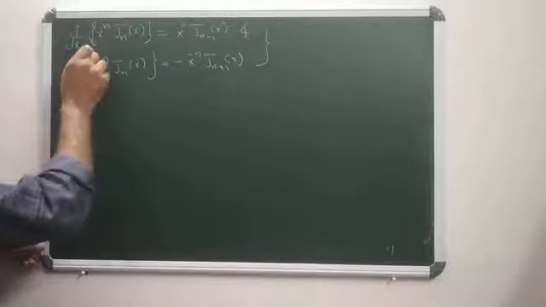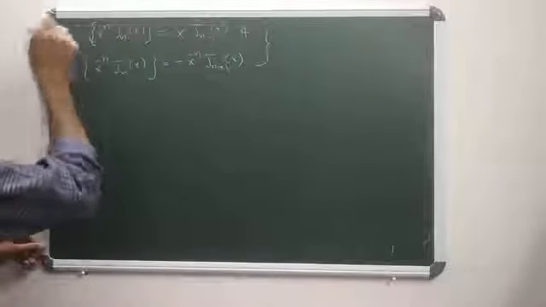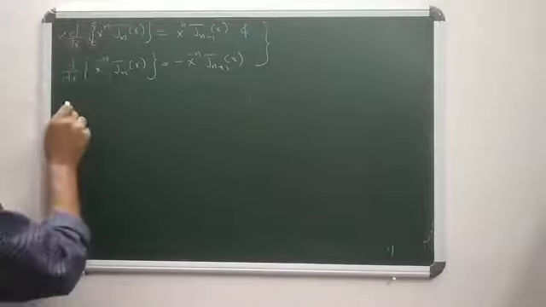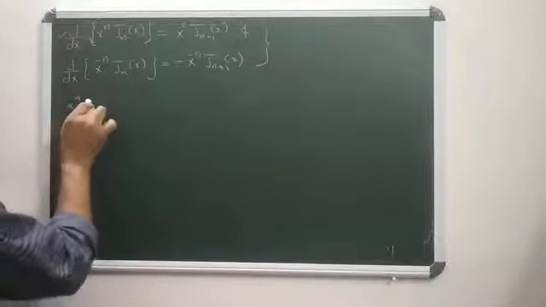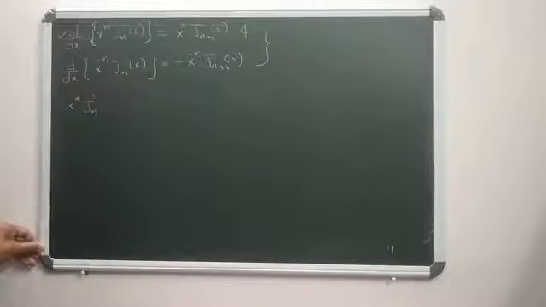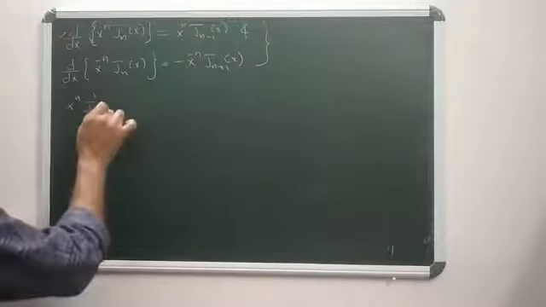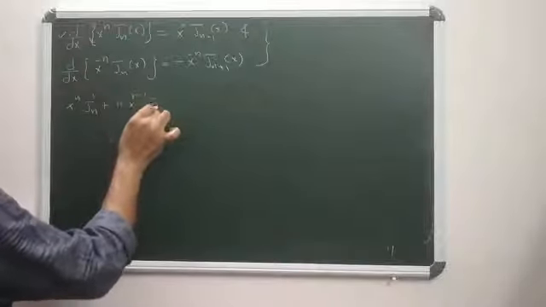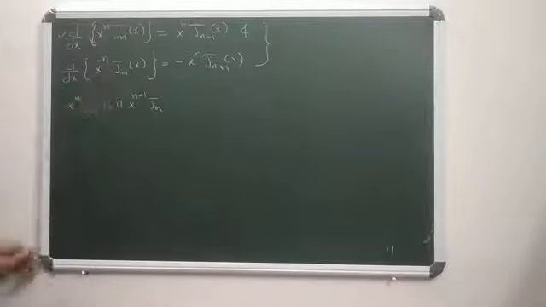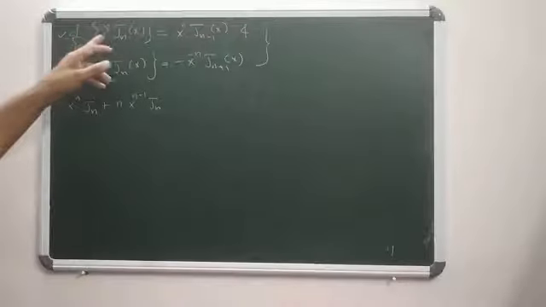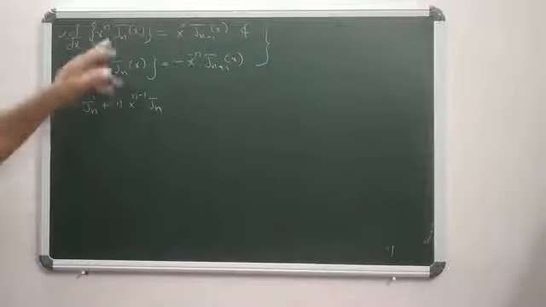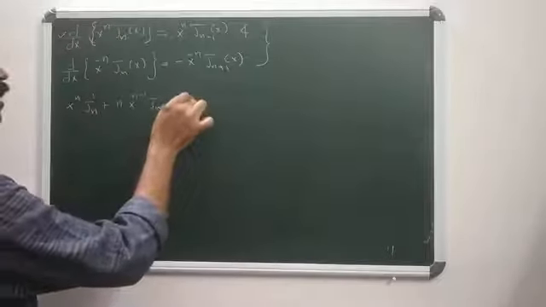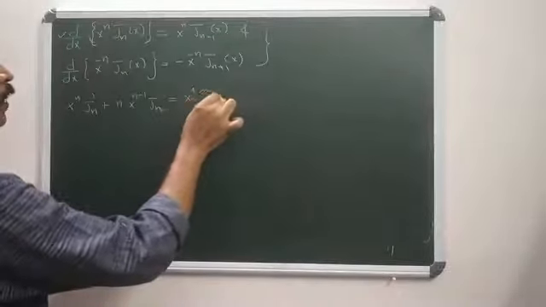we have another result. Now consider this one, first one. d by dx of x power n Jn(x). Using the product rule, what do you get? It is x power n into Jn prime plus n x power n minus 1 into Jn, equals, right side, x power n Jn minus 1.